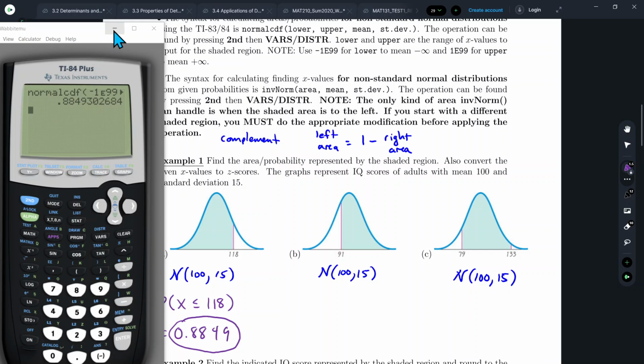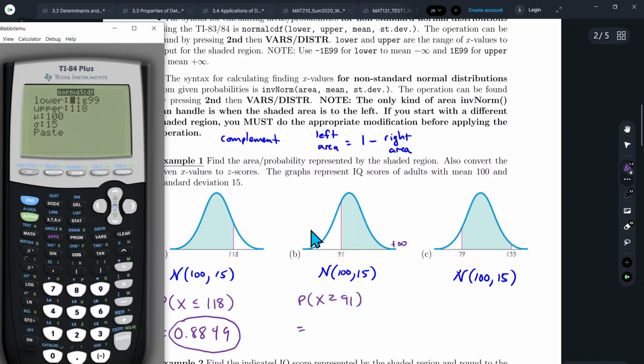Okay, so that's how we use the normalcdf command, and so the other problems are similar, right? So here B, the lower bound now would be 91, and the upper bound goes to +infinity, right? So we want to calculate the probability that x is now greater than or equal to 91. So again, I use the normal CDF command.